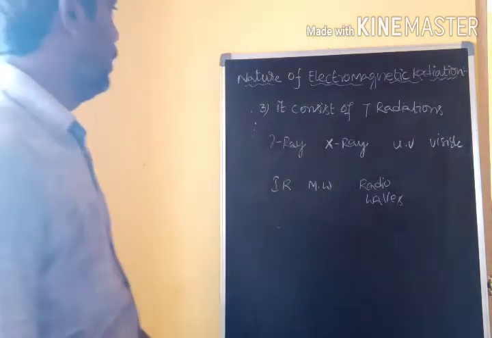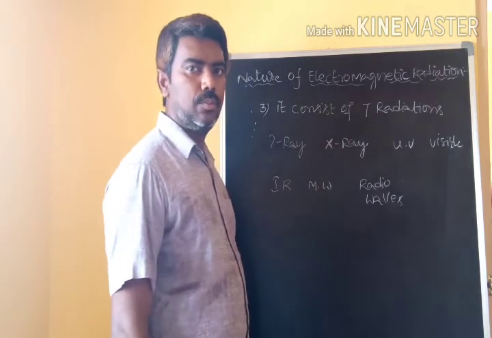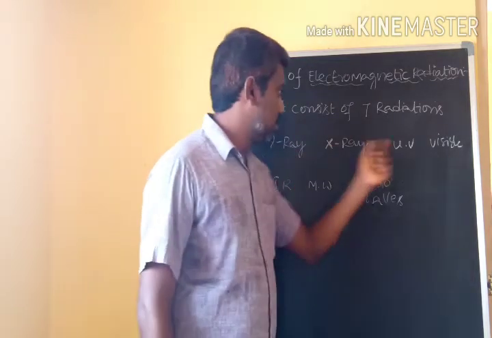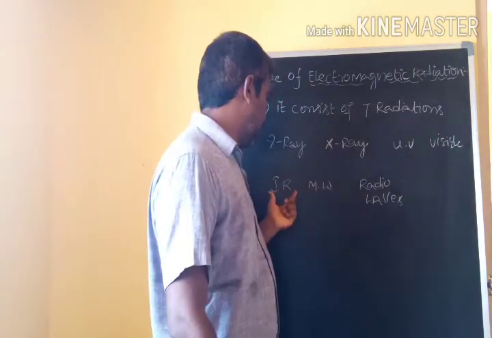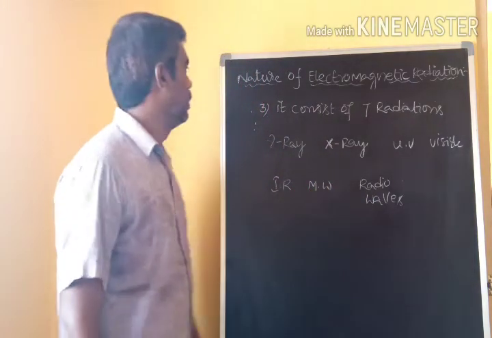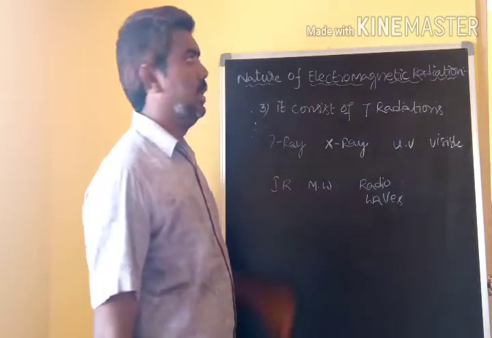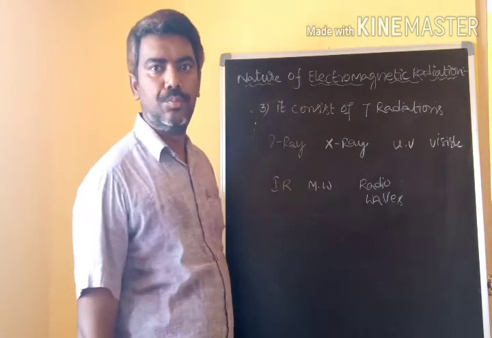So these are the 7 different radiations available in electromagnetic radiation. These are the three major characteristic properties of the nature of electromagnetic radiation.